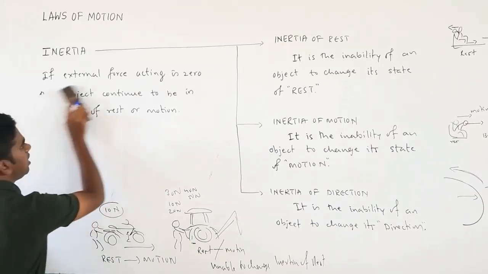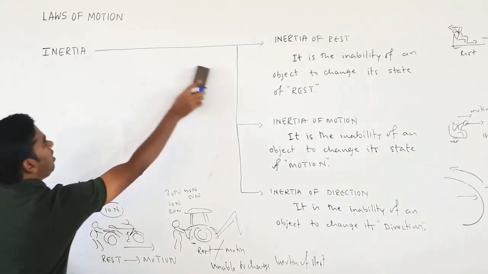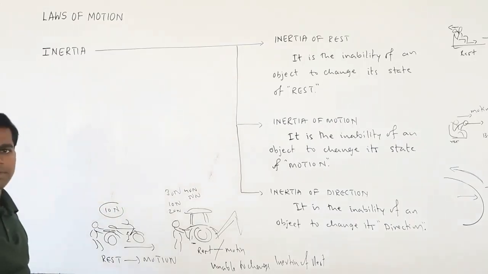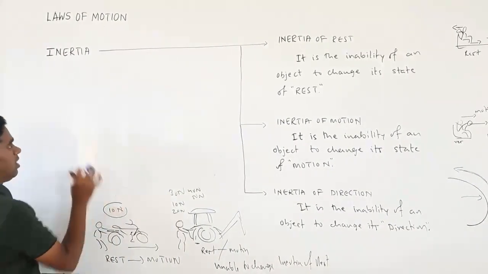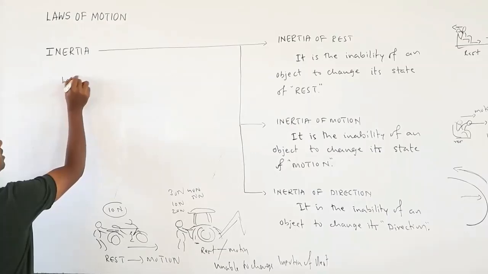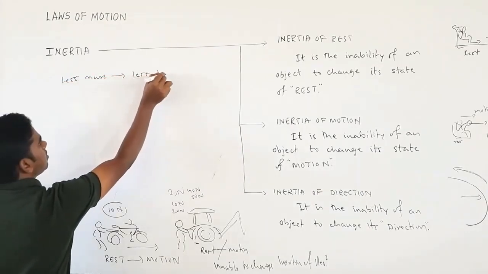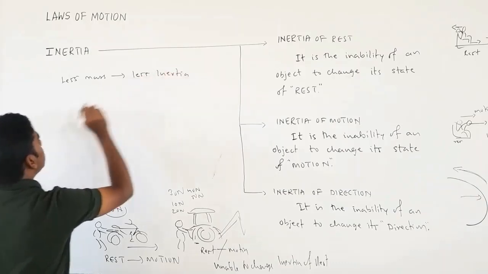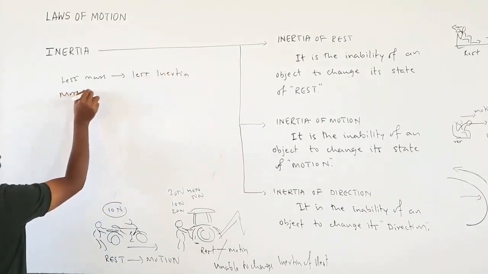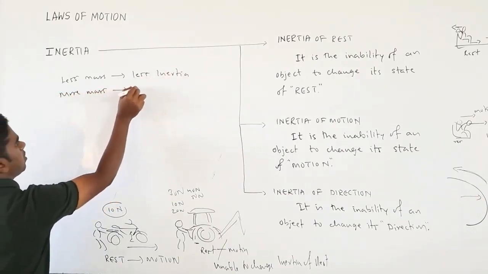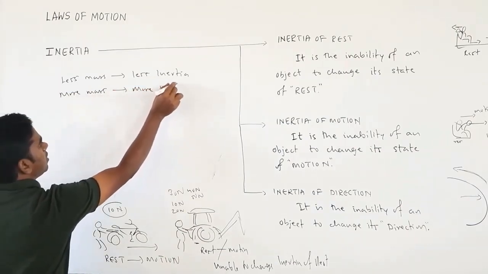Inertia depends on its mass. Getting the point? If less mass, then less inertia. More mass means what? More inertia.